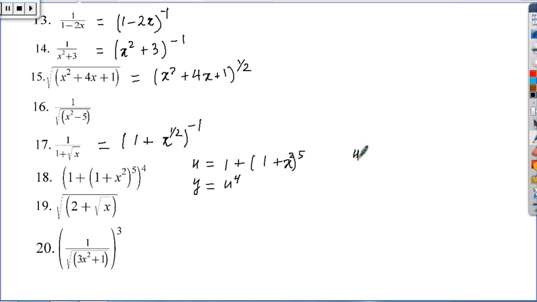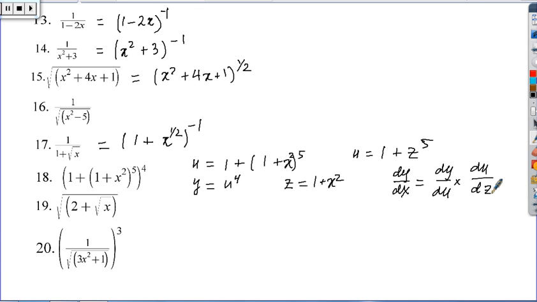Or you can just say, let's say if z is 1 plus x squared, then u is going to be (1 plus z) to the power of 5, and then your dy by dx is going to be dy by du times du by dz times dz by dx, where z is 1 plus x squared.